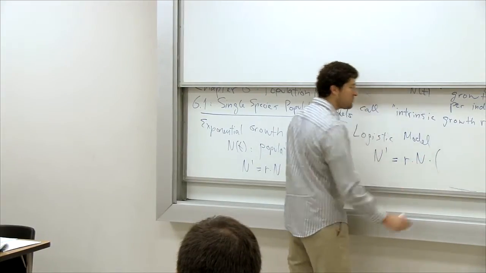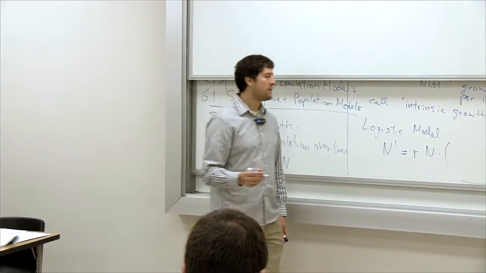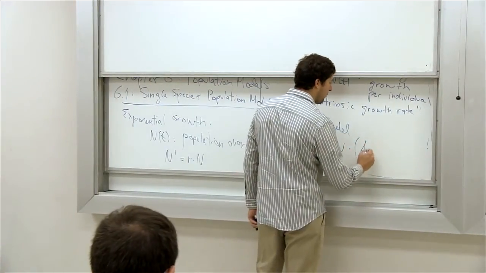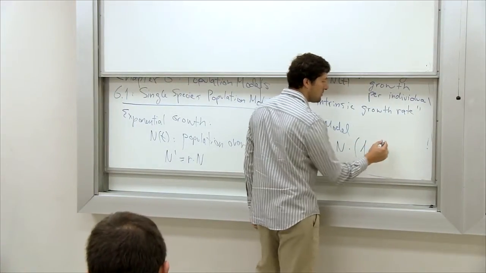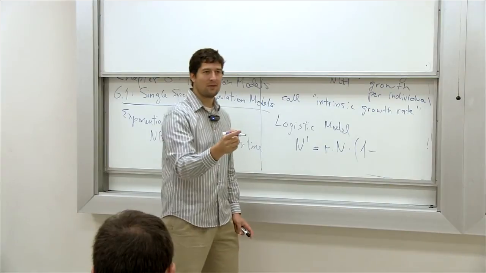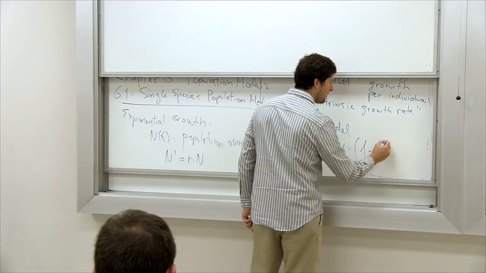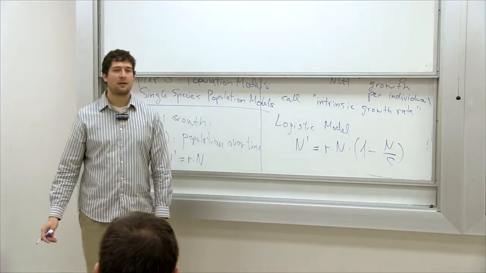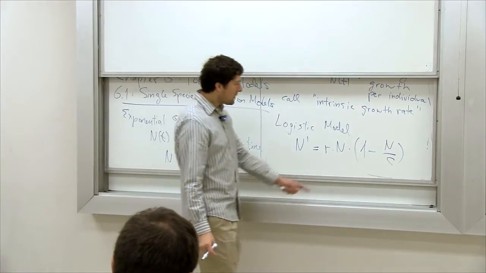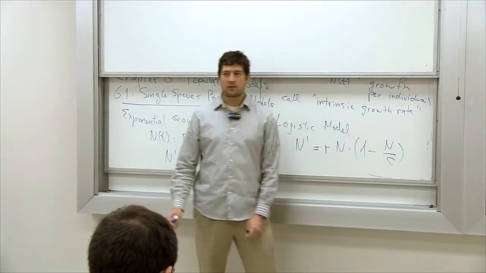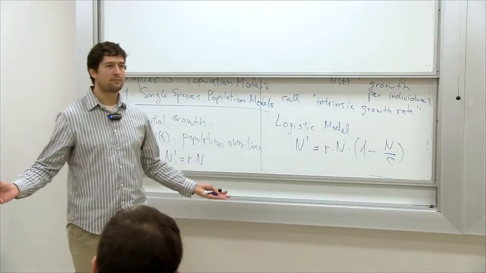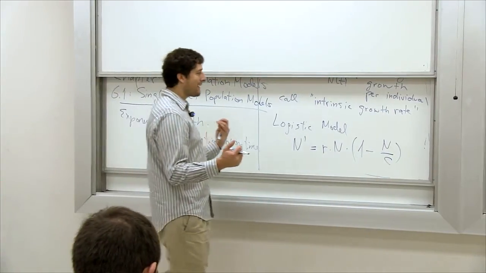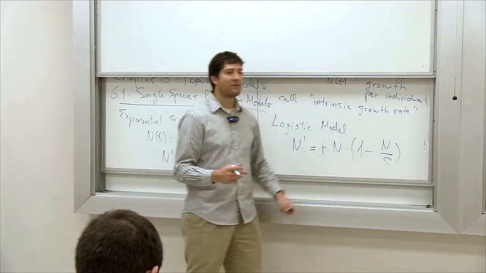But now we multiply this by a term. And this term is going to be 1 minus, does anybody know? n divided by a constant, actually. Think about this constant as some large number, let's say 1,000. So this island can only hold about 1,000 giraffes.